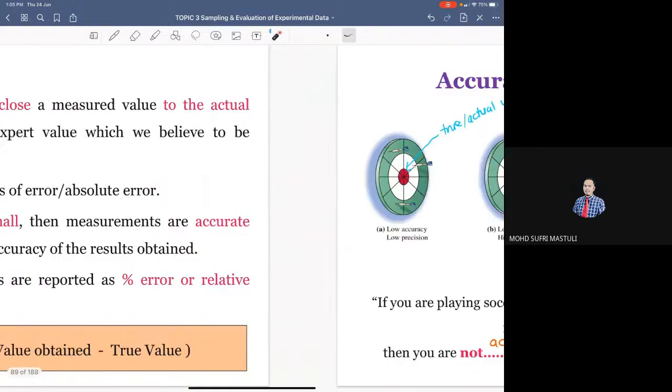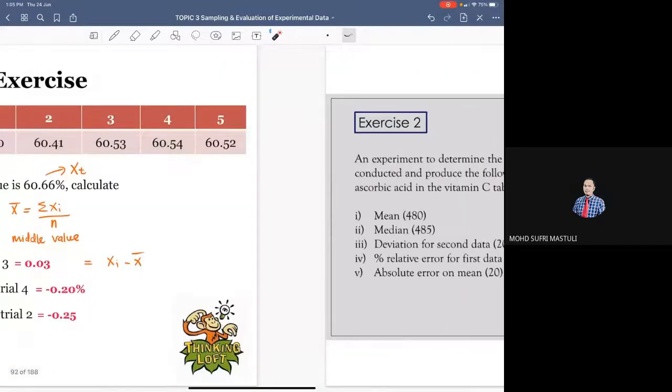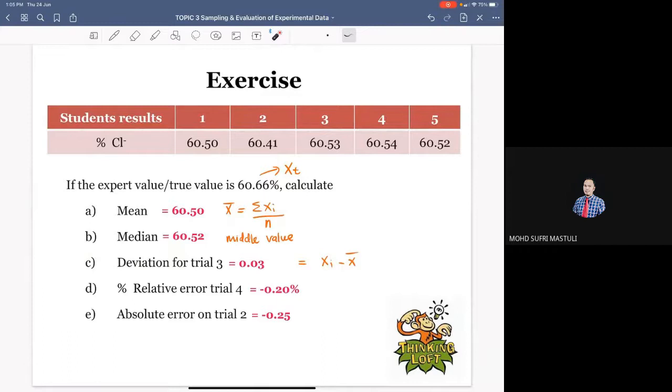You can try deviation for trial number 3. Percent relative error: you can try relative error, experimental result minus true result, divided by true result, times 100 percent. Absolute error is x minus xt. Okay, so you can try this one.